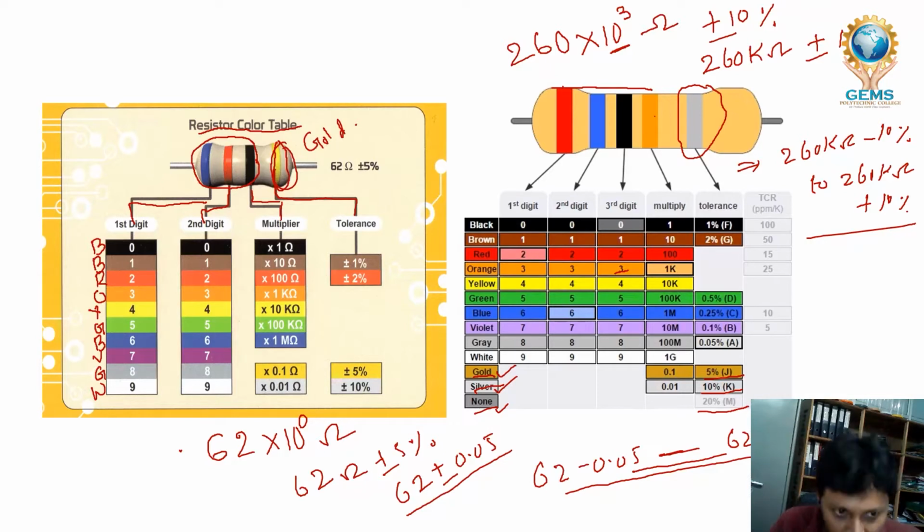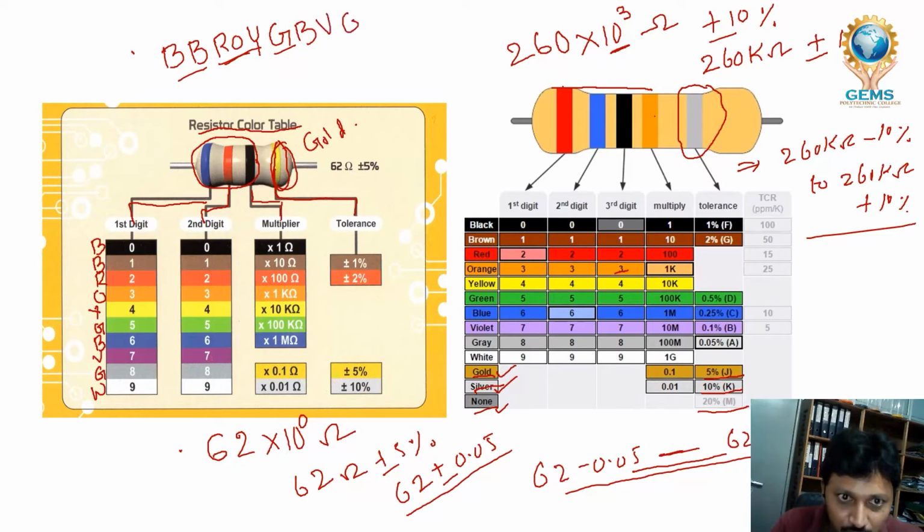How are we going to remember this color code? Very simple. You should remember BB Roy of Great Britain has a Very Good Wife.